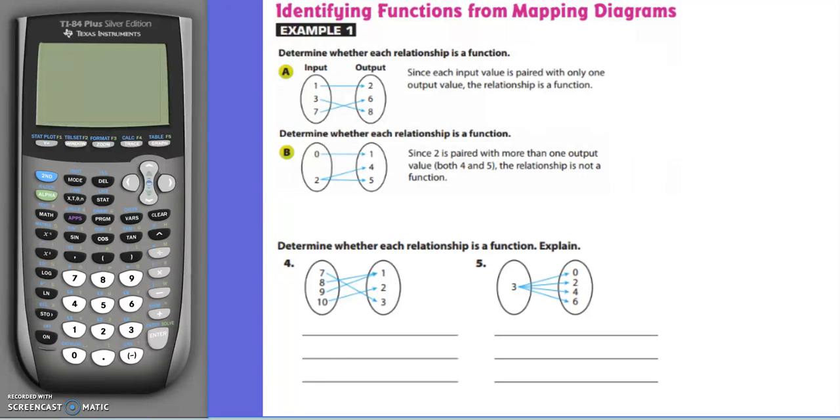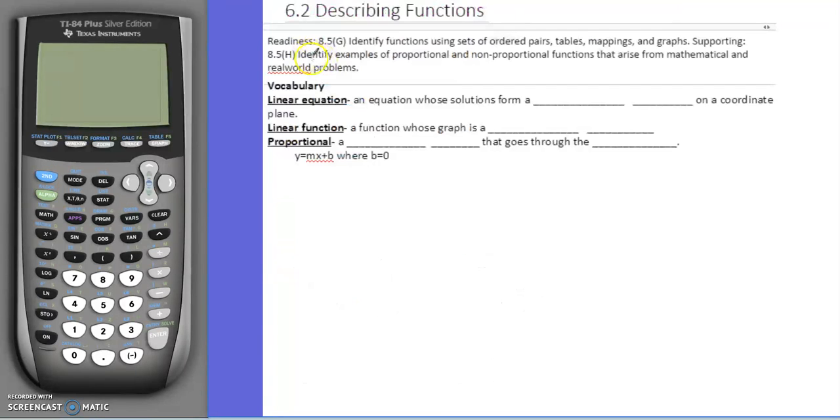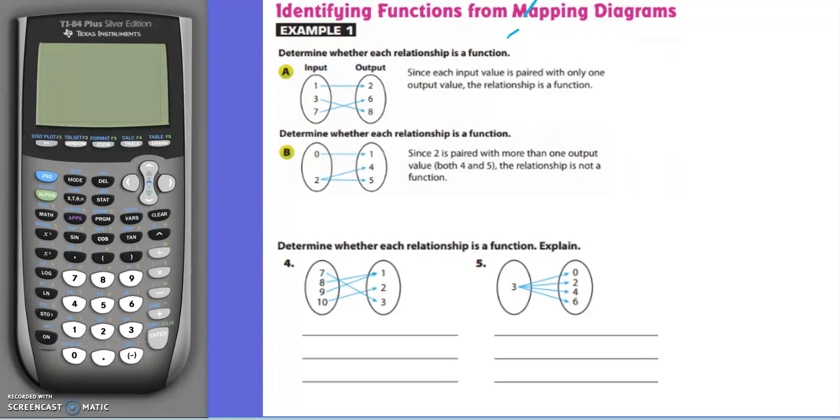Okay, so if we look at the relationship of this function, they want to know, is this a function or not a function? The input is our X, and the output is the Y. I have the inputs 1, 3, and 7.